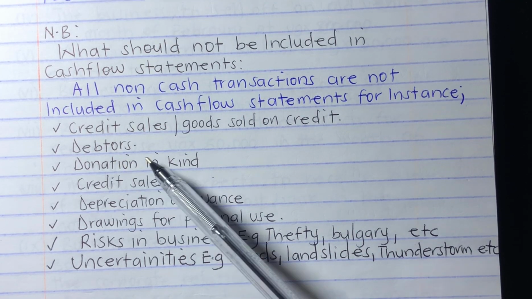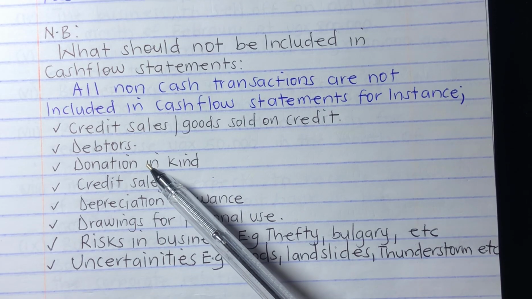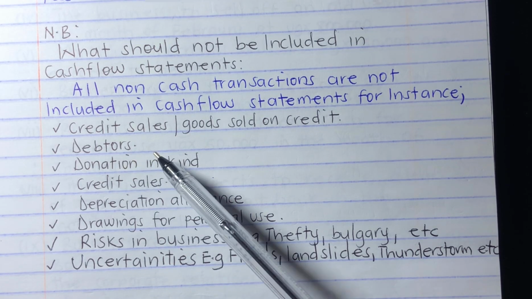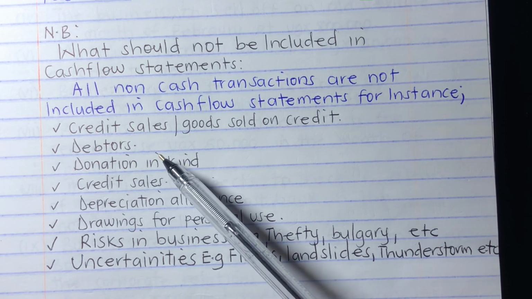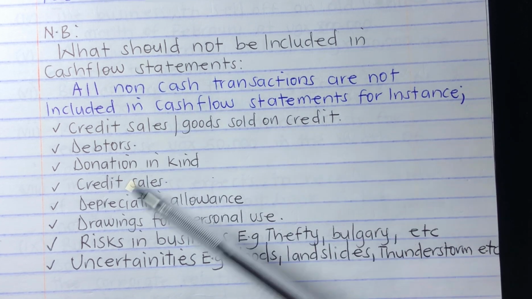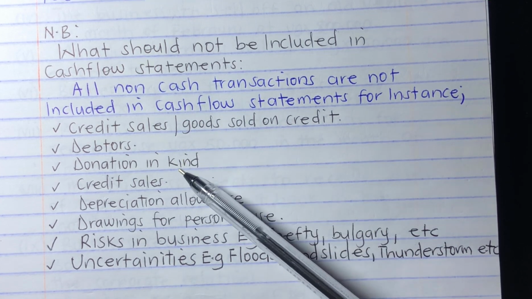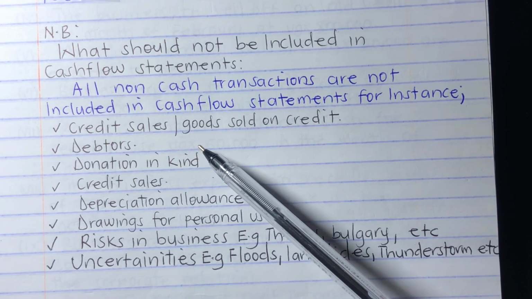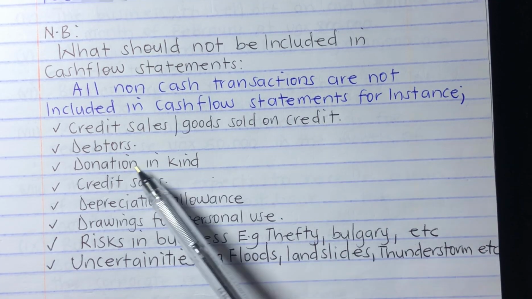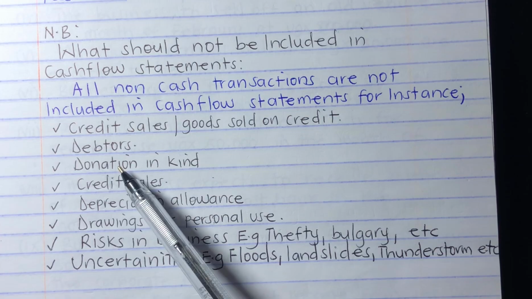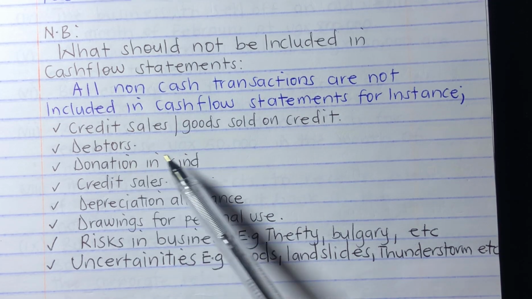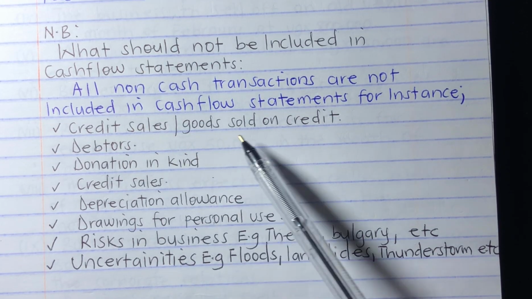Then we have donation in kind. Donation means any support given to a business or an organization. It can be in form of cash, it can be in form of equipment, and many more. A donation, if it is in form of cash, becomes a cash inflow.